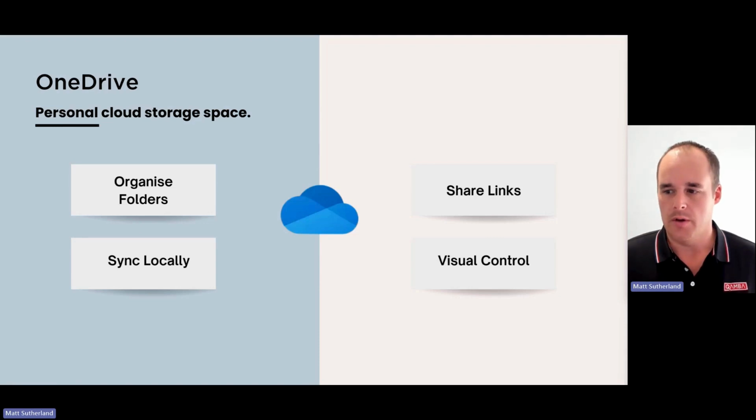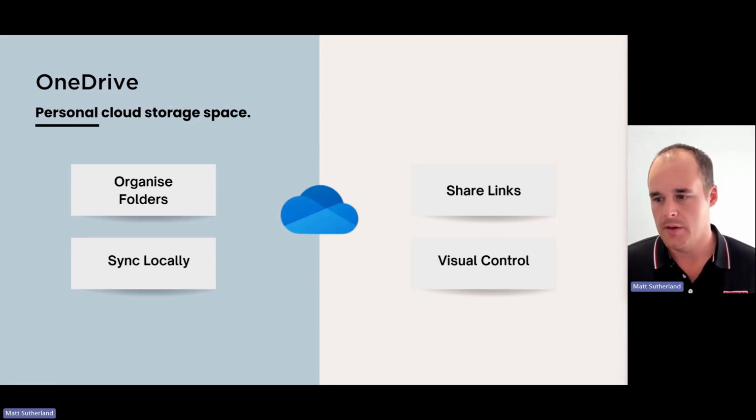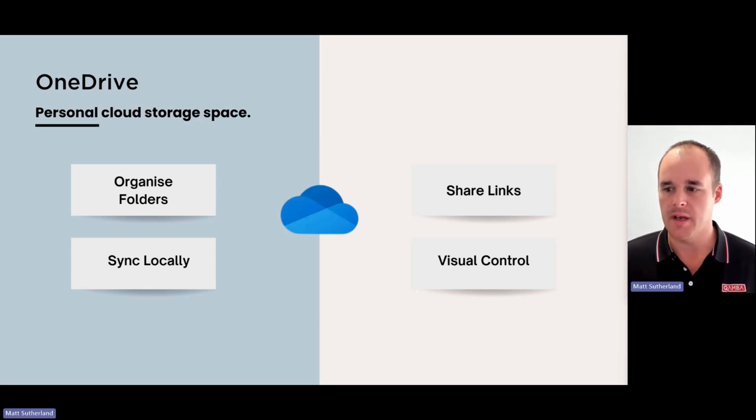Syncing locally also allows you to work offline, and when you come back online, those changes are automatically synced. One thing to keep in mind is that it's better to be careful with that in shared libraries because files may change by other users as well. So just keep that one in mind.